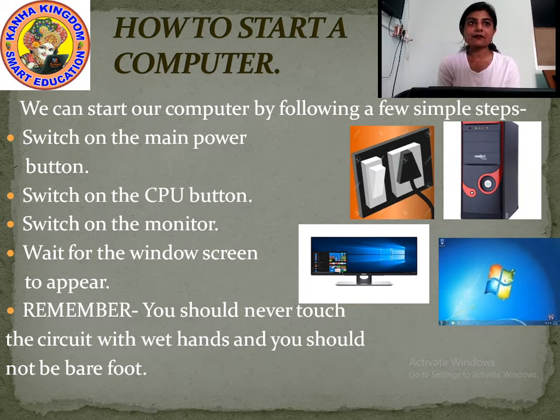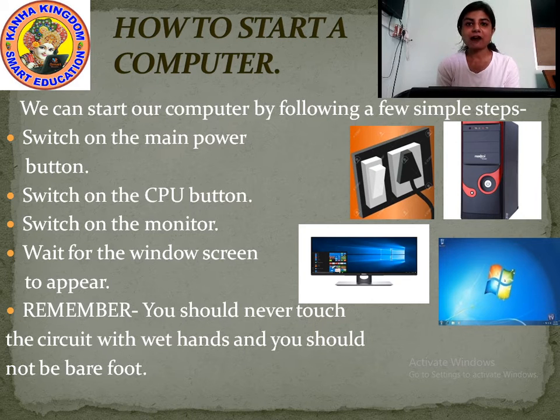After that, switch on the monitor button. After switching on the CPU, you will switch the button that you have in your monitor. After that, wait for the window screen to appear. First of all, you will switch on the main power button.